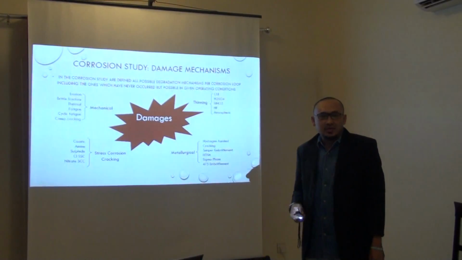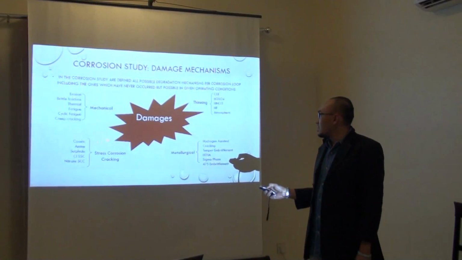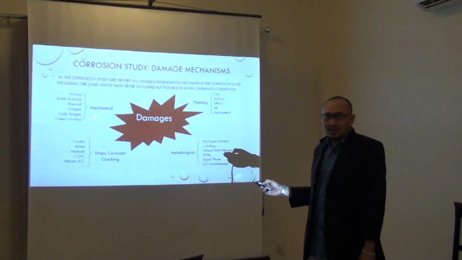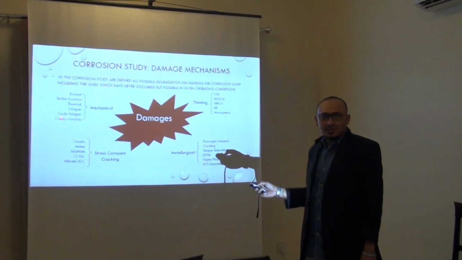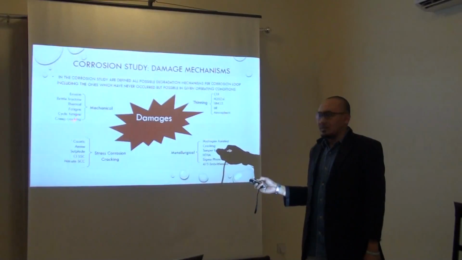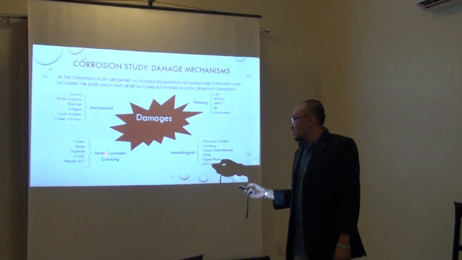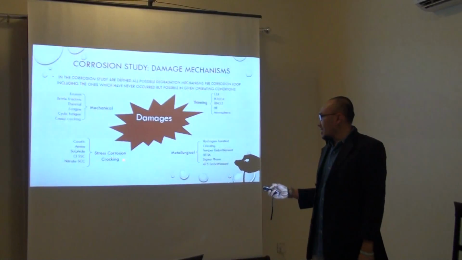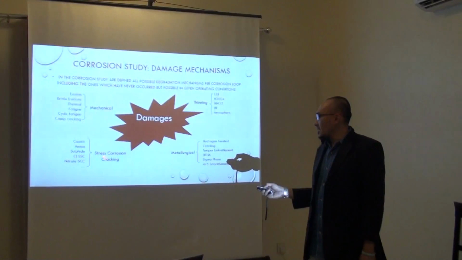In the corrosion study, we have the damage mechanism. For example, the damage mechanism from the mechanical point of view: first, erosion, brittle fracture, thermal fatigue, cyclic and creep cracking. The second, stress corrosion cracking: amine stress corrosion cracking, sulfide stress corrosion cracking, and nitrate stress corrosion cracking.